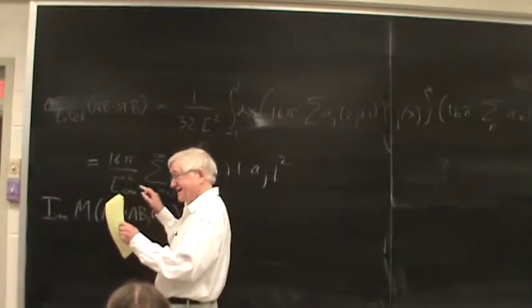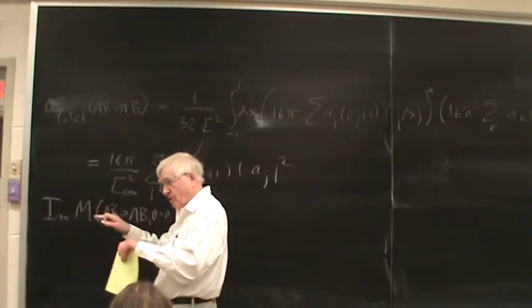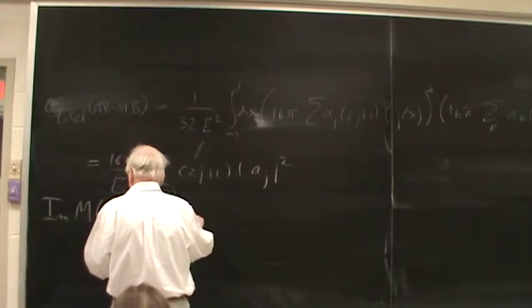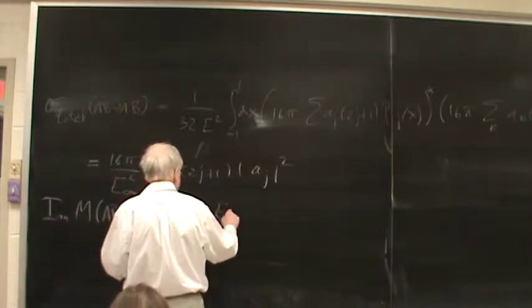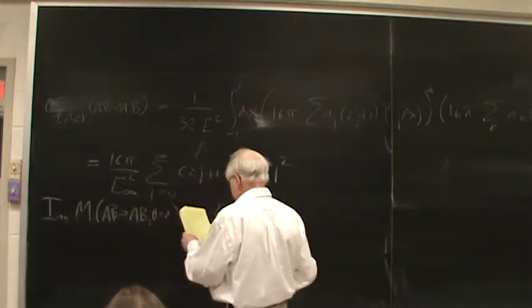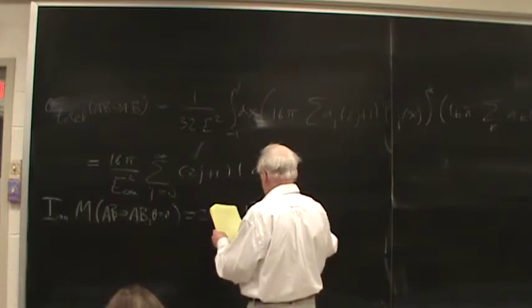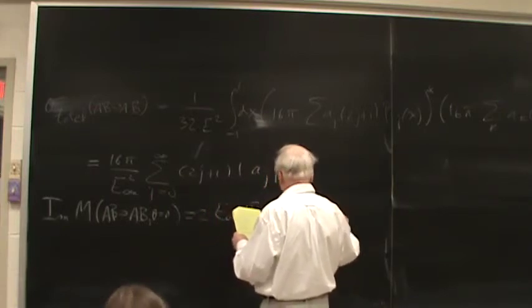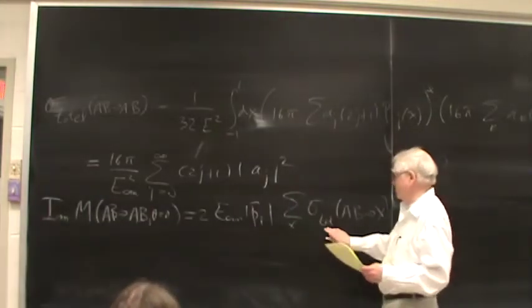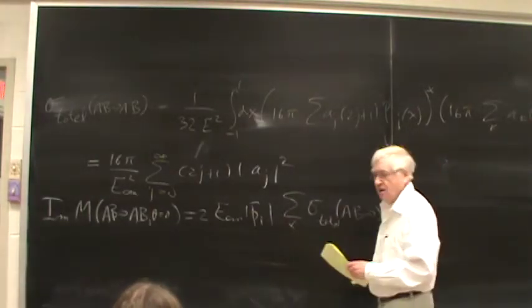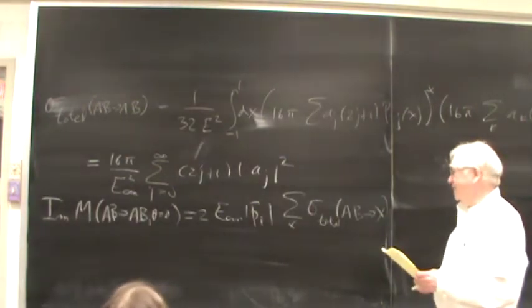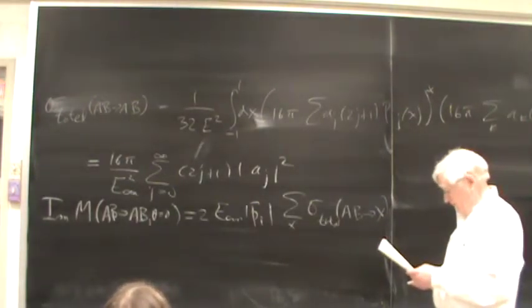So not only is it elastic, but it's forward scattering. And so this is 2 e center of mass, initial 3 momentum, sum on x, sigma total.